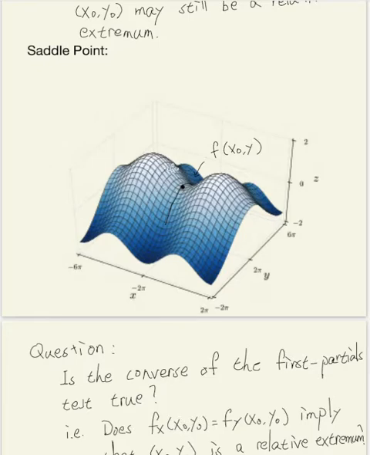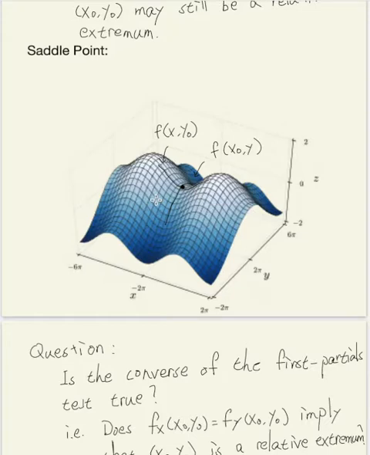And if we look at the trace where y is fixed, we will get a curve that looks like this. And this is the trace f of x, y naught. And we notice that this point is a minimum on this trace f of x and y naught.